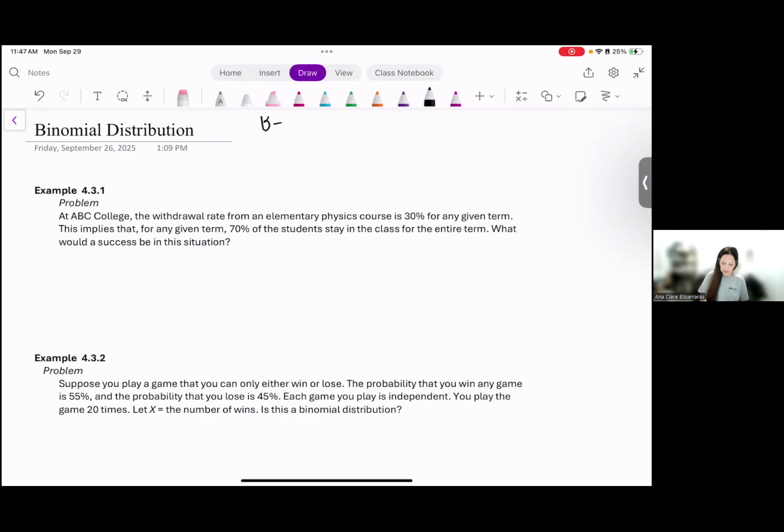B stands for binary, I stands for independent, N stands for the number of trials is fixed, and S stands for the success probability is also fixed.